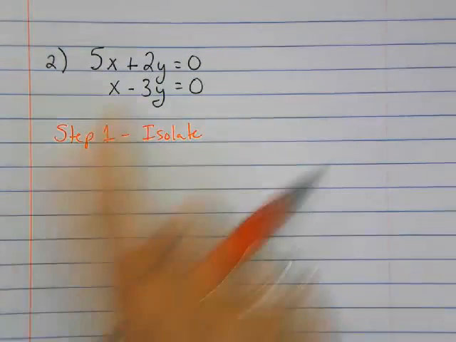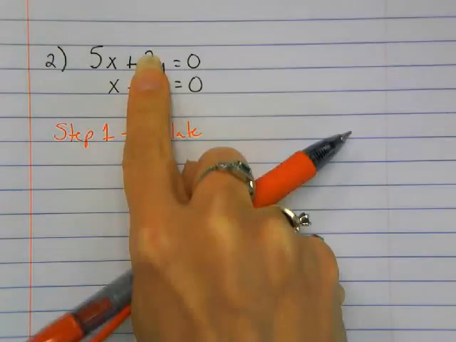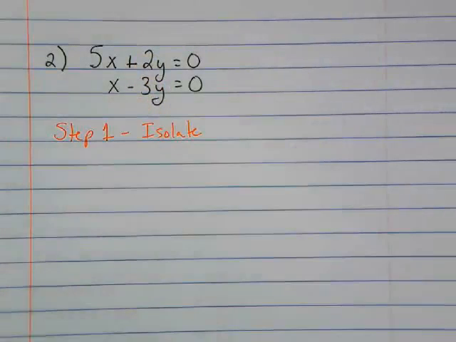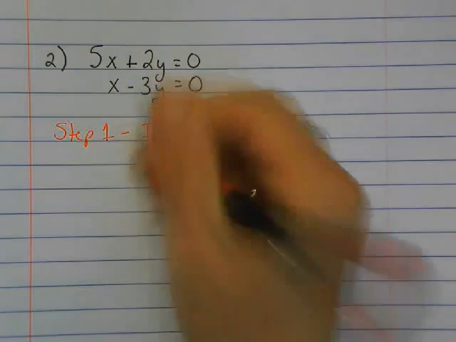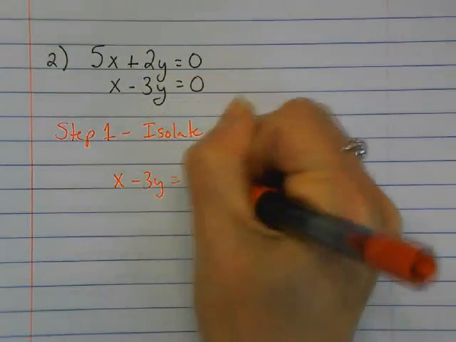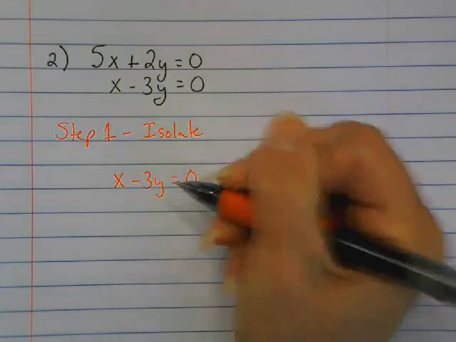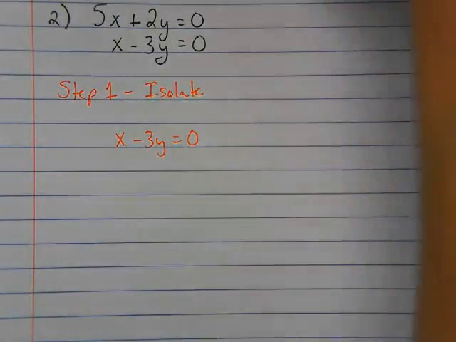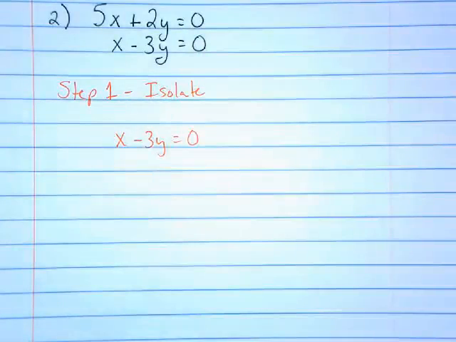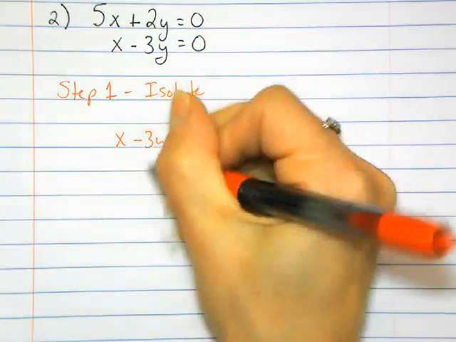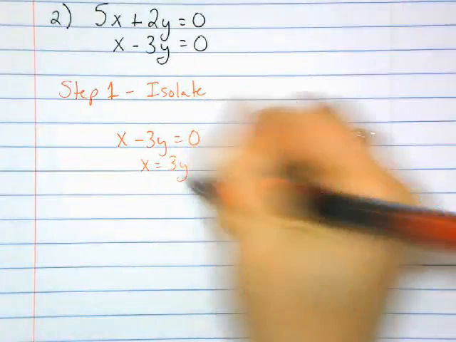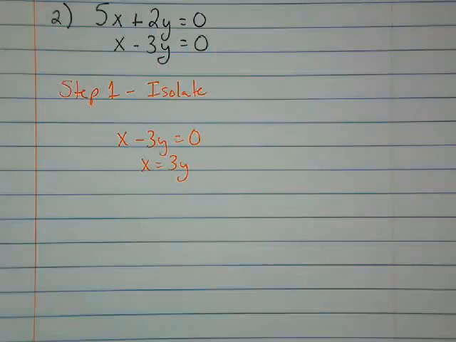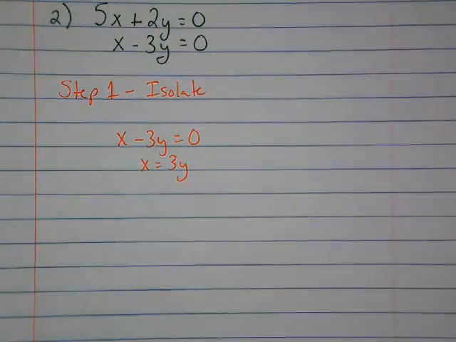So I look and I decide who's going to be the easier variable to isolate. And in this case, I see that, you know what, I think I'm going to go ahead and isolate x. You want to try to isolate the one that has no coefficients. So x is equal to 3y. So x has been isolated. Alright, step 2.